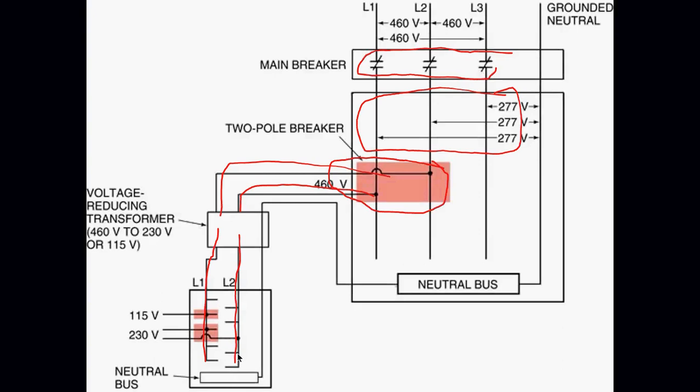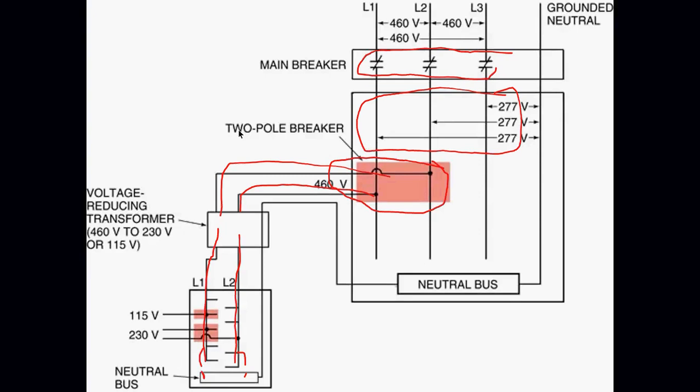Each one of these 2 to neutral is going to be close to 115, 120 volts, depending on what the power company is saying. When you go across L1 and L2, I now have single phase 230, 240 volts. Again, someplace in that range. But my main power supply cannot be used directly.